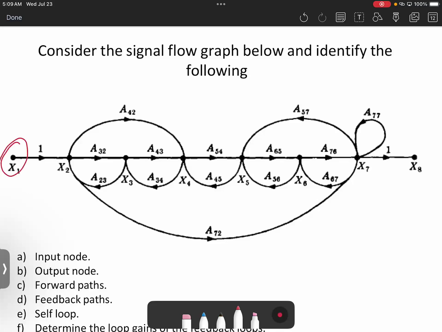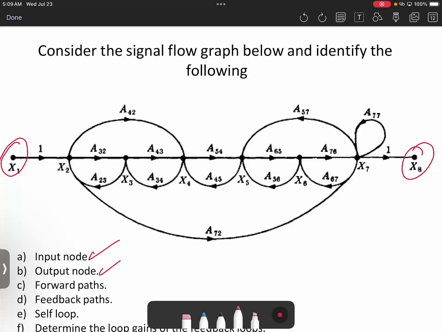How about the output node? X8. Why? All of the branches are getting in. How about X7? Can we consider this as an input or output? No, because there's input and output, and also a self loop. When you have a self loop, there is no way to make it an output node or input node. Number one, number two, done.